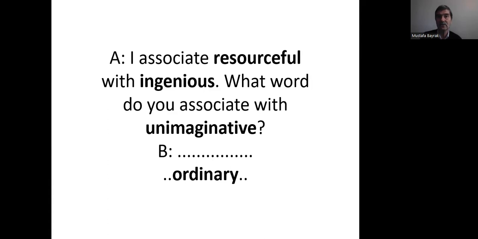What word do you associate with imaginative? Unimaginative, yes. I associate unimaginative with ordinary. I associate imaginative with inventive. An imaginative person is also an inventive person, but an unimaginative person is an ordinary person.